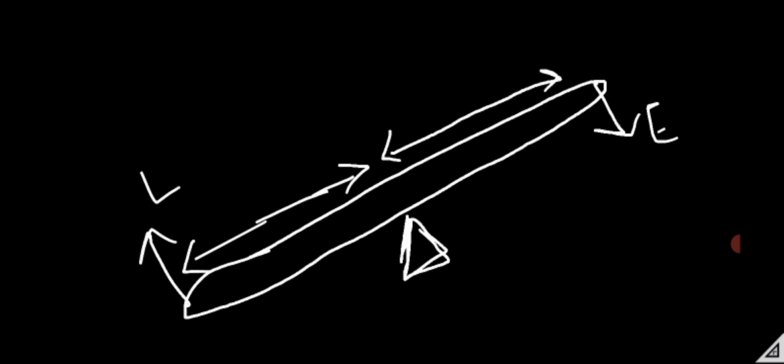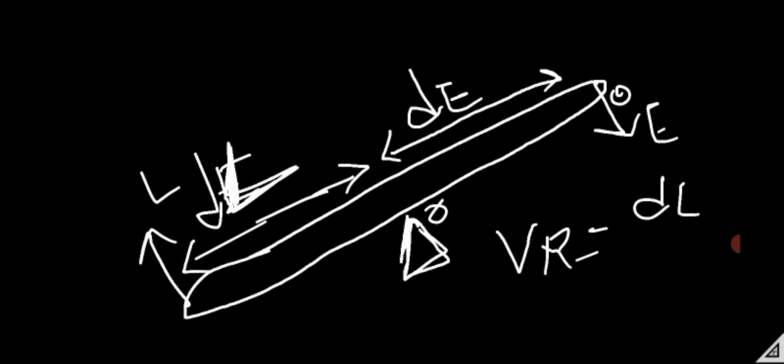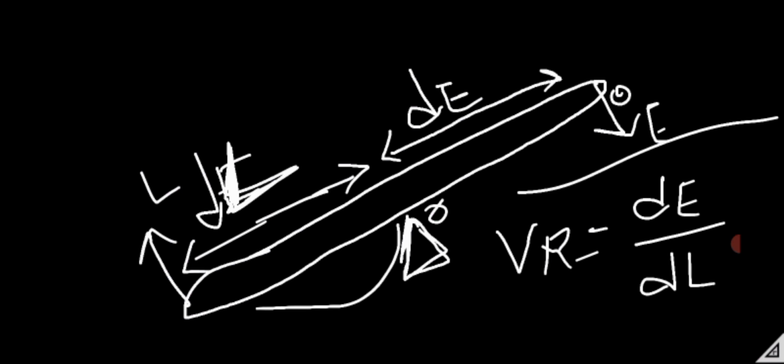The distance from the fulcrum to the effort is what we call the effort distance, dE, and the distance from the fulcrum to the load is the load distance, dL. So the velocity ratio, V.R., is equal to dE over dL.